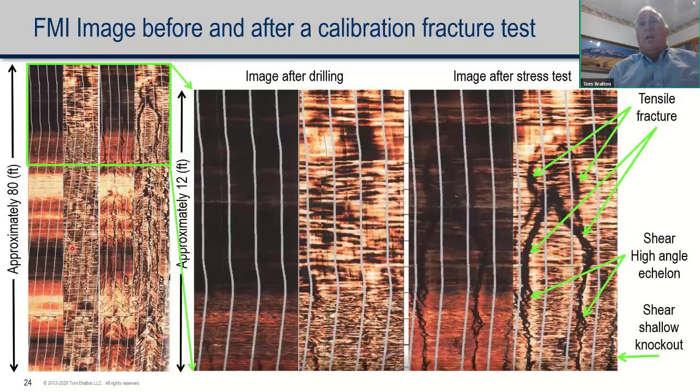I'd like to go through this image a second time and explain what I'm seeing. The first thing I see is two rings of my tensile fracture. The aperture, or the fracture width, is really quite large compared to, say, down here where the aperture is less.